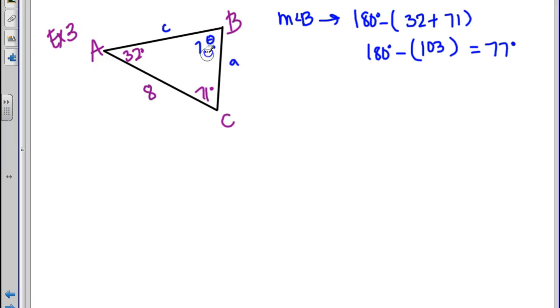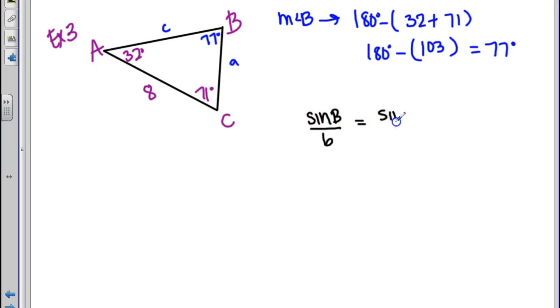All right, so now that we know the measure of angle B, can we use law of sines? Absolutely we can, because we have side B. So sine of B over B, so sine of angle B over side B is equal to, and then we can use either one of the other two angles because we have to find both sides.